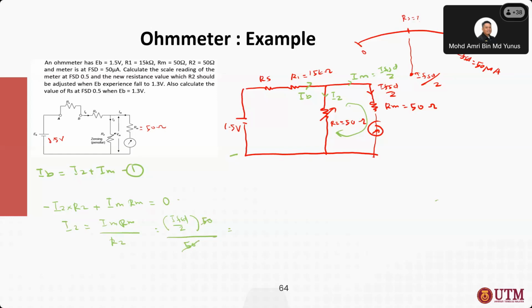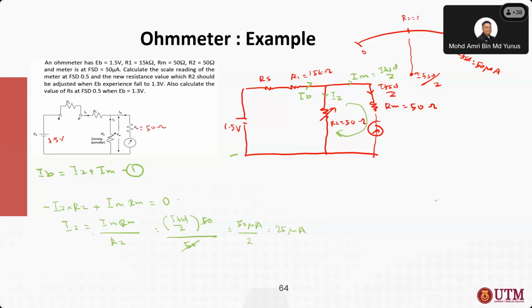So I2 is equivalent to IFSD divided by 2, which is 50 microampere divided by 2, 25 microampere.